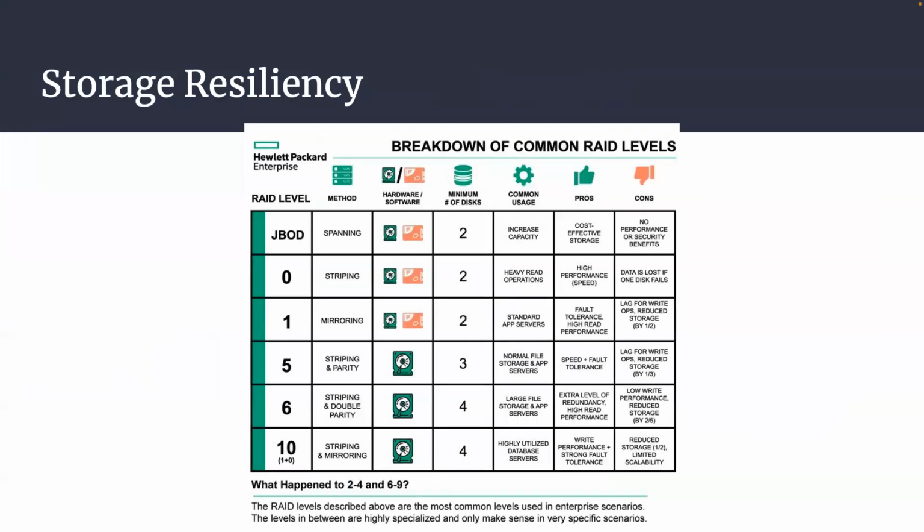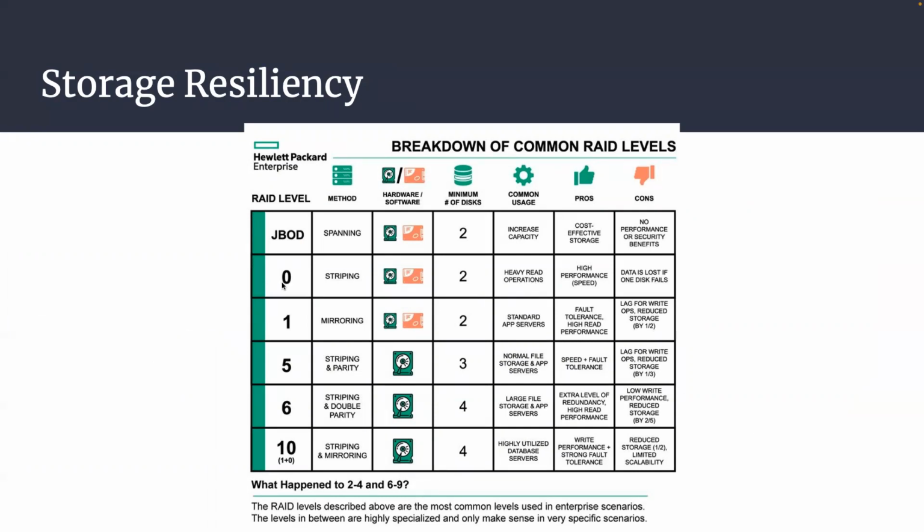When it comes to data, we have things like RAID, where we could have just a bunch of disks and not have any performance or security benefits to our data.